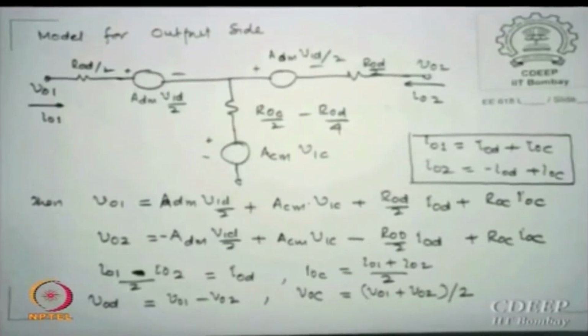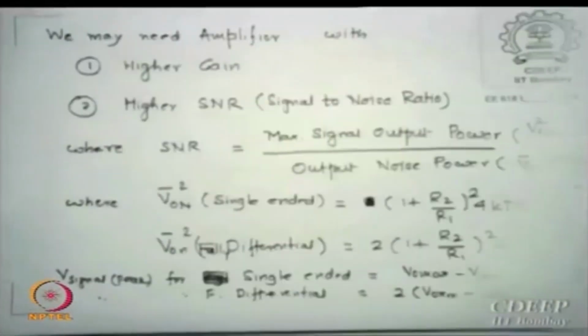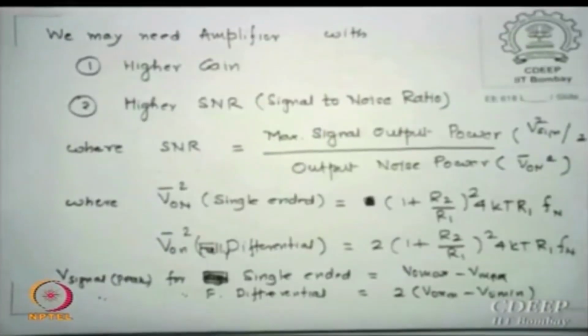This is what has been done, and using this we will be able to calculate ACM and ADM for fully differential amplifiers. Okay, please remember, I am sorry I am not able to spend time on this because there are a lot of things to be done, but I am going to post it so you can look at all of it.